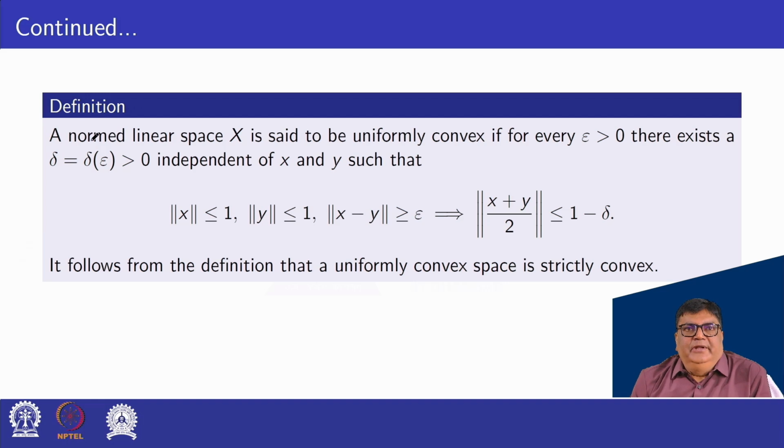Next definition. A normed linear space X is said to be uniformly convex if for every epsilon greater than 0, there exists a delta greater than 0, depending on epsilon and independent of x and y, such that norm of x less than or equal to 1, norm of y less than or equal to 1, and norm x minus y greater than or equal to epsilon imply that the norm of x plus y by 2 is less than or equal to 1 minus delta.